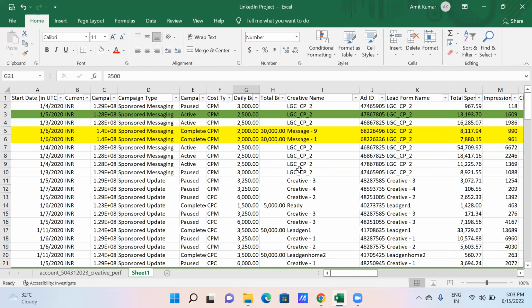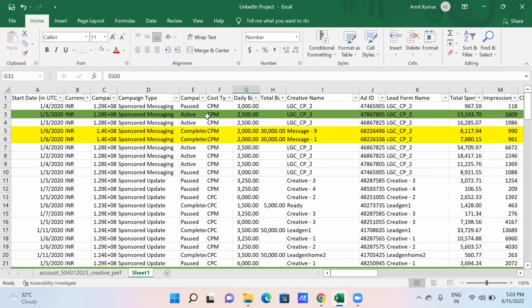Here in LinkedIn, we have been given two sets of data. In that we have to analyze the best performing messaging campaign and best performing creative. So two types of campaign are there. What I have done here is very simple.